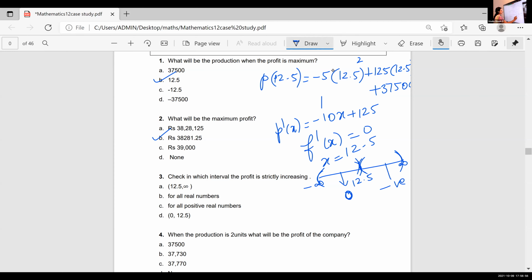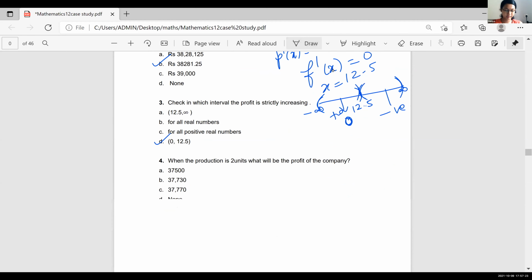So it is increasing in the interval minus infinity to 12.5. But here it is the number of items. Number of items will not be negative. Number of items should be positive. So which is the possible quantity here? 0 to 12.5. So we take option D, 0 to 12.5. Is it okay, Sanya? Yes, ma'am.